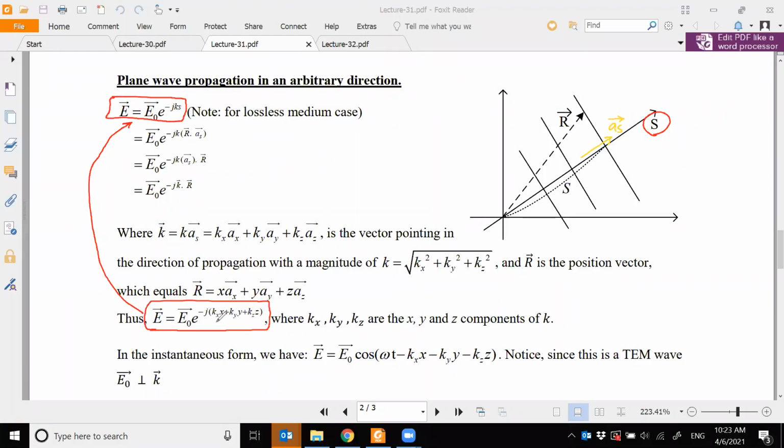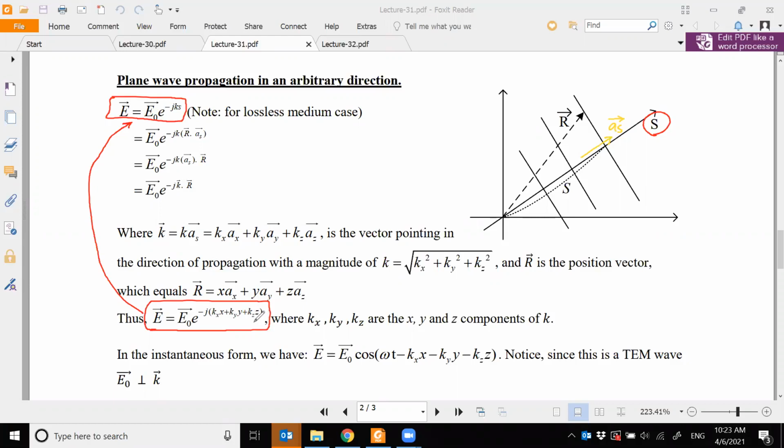So if you dot product this K vector with this position vector R, then you will get KxX, KyY, KzZ. So what does it say?